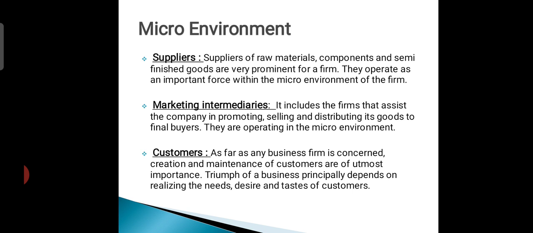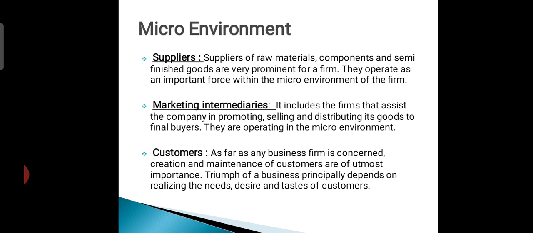Customers include different categories of people. Sometimes customers may be individuals, or households, or some industries or other business organizations, or sometimes the government or other institutions. So what type of customers do we have, and what are the needs and preferences of our customers?